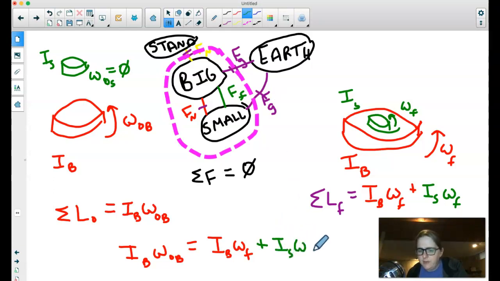Now, one interesting thing with rotation is you don't necessarily need two objects for this to come into play. In this case, we had two separate disks, and by colliding them together, we were able to change the angular velocity.